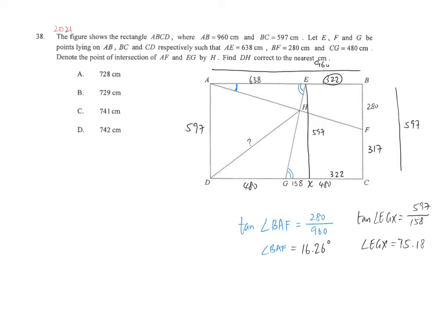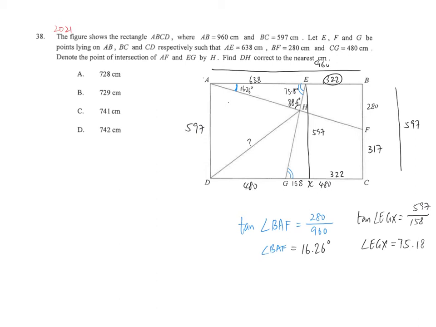Okay, so now let's put those numbers in, 16.26 and 75.18. Now if I'm going to use sine law, it requires me to find the angle EHA as well. That's trivial because it's 180 minus the angles that we just found, which is 88.6.